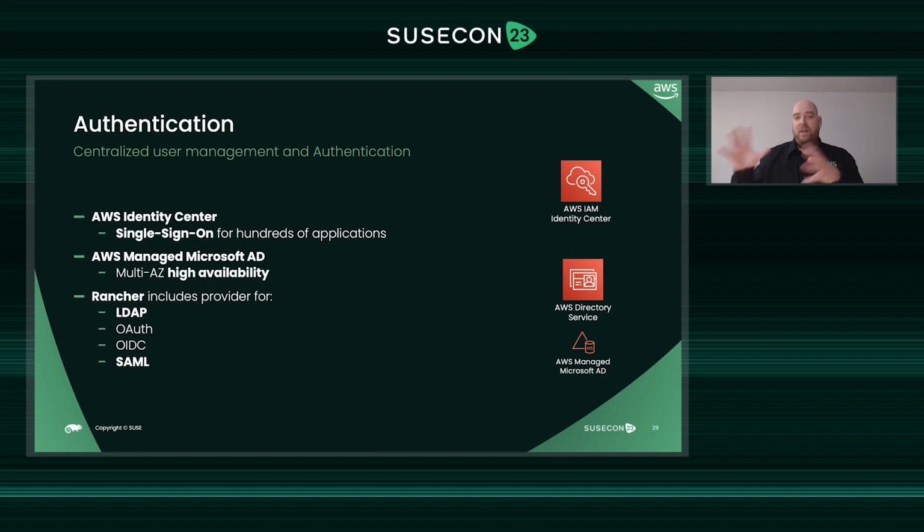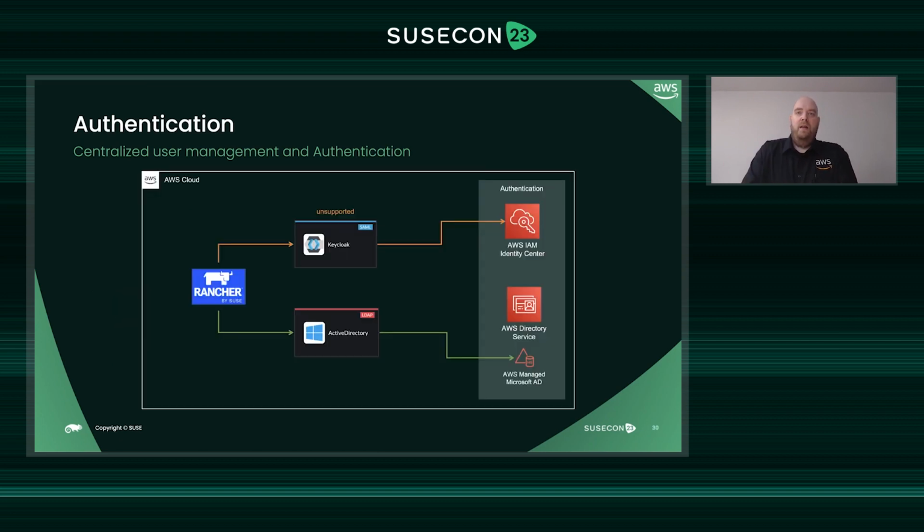So it's like the Active Directory that you might know from on-prem, but you don't have to worry about the infrastructure, and you only create your users, your groups, and stuff like that. When we take a look at what's possible with Rancher authentication on AWS, AWS Managed Microsoft AD can be used with the Active Directory LDAP provider, which is included in Rancher.